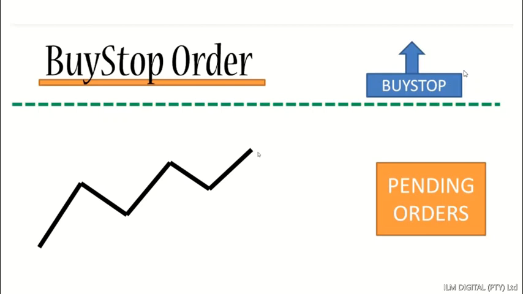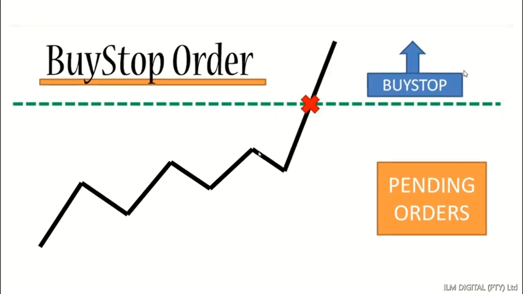So you execute a buy stop order. You set an area in your chart where you think the price is going to reach. Once the market moves up and hits your buy stop order, a buy trade is triggered and the market should move in your direction. The market could move in a different direction, but that's just the way forex trading works.